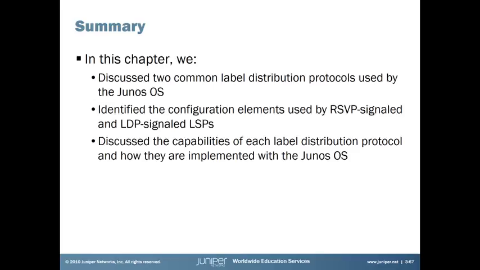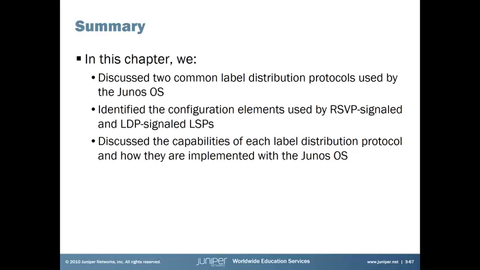We can put in a record route object, which records every router through which the traffic passes on its way through the label switch path. We can take a look at that information to verify that our traffic has taken the path that we wanted it to take.